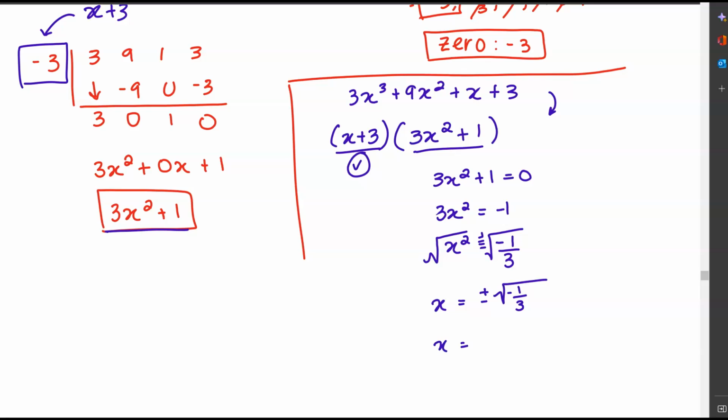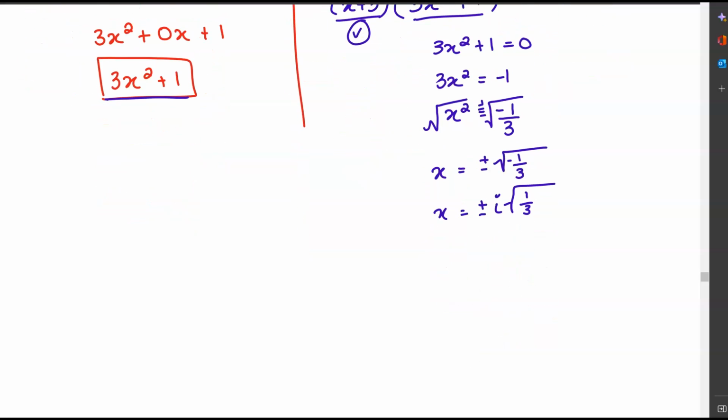Which is the same thing as, we could extract that negative. You get i to the 1/3. Okay. So that tells me that our zeros then for the actual function, our final answer, our zeros are going to be negative 3, and then I'm going to have i to the 1/3 and negative i to the 1/3.